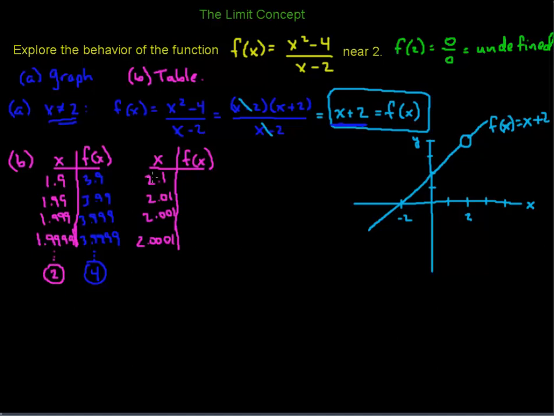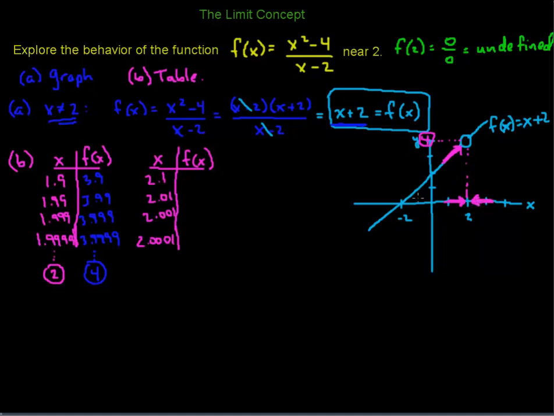And that is consistent with our graph: as we approach 2 from the left, the y values along the graph, our limiting values, approach what appears to be 4. So the x values approaching 2 from the left give us y values along the graph that seem to be pointing at 4.